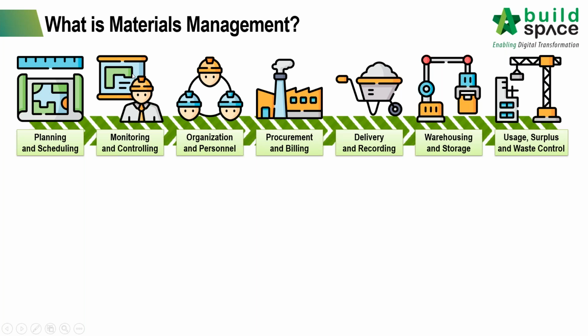Then from there, we start to monitor and control the building material and its utilization. Organization and personnel is about who does what, the roles and responsibilities, and also the approval process.